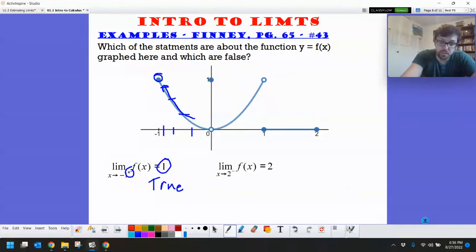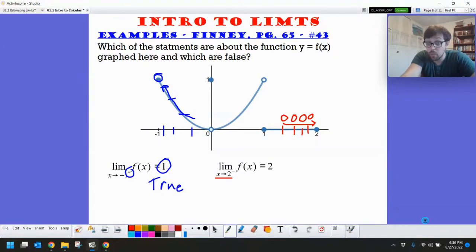If we check this one over here, what is going on as x is approaching 2 coming in from the left? As our x value is 1.5, 1.7, 1.8, 1.9, it seems to be spitting out a y value of 0, a y value of 0, a y value of 0, until it hits 2.